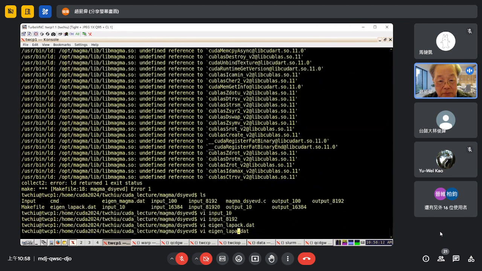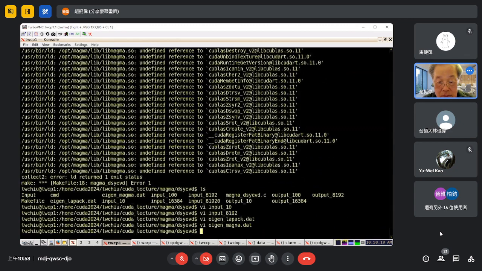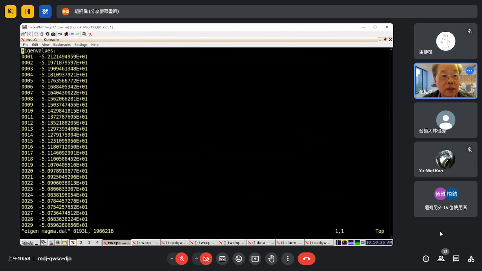The eigenvalues obtained by MAGMA are these. There's a typo there.